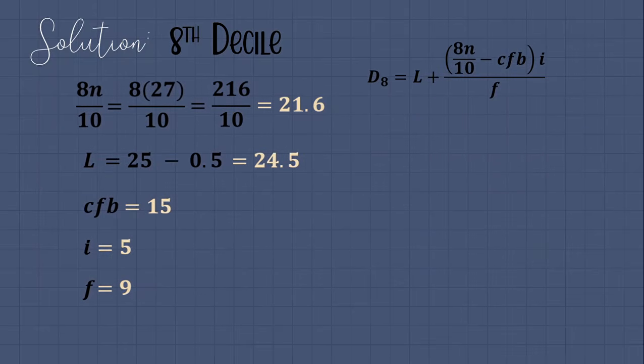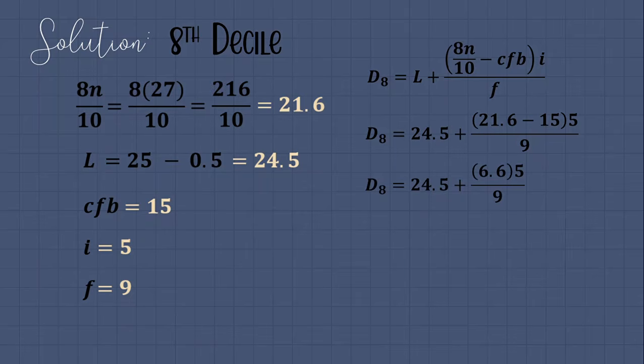We can now plug in the values in our given formula. We have d sub 8 is equal to L, or the lower boundary, 24.5, plus 8n over 10, which is 21.6, minus CFB, which is 15, I, or class size, which is 5, all over F, which is 9.